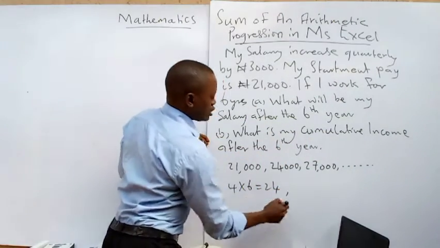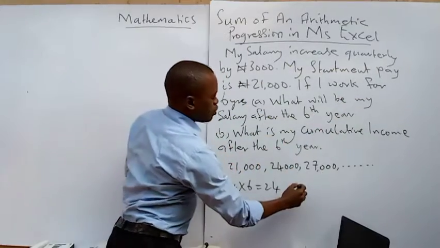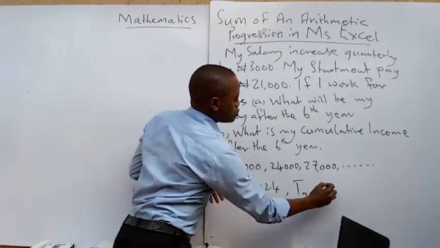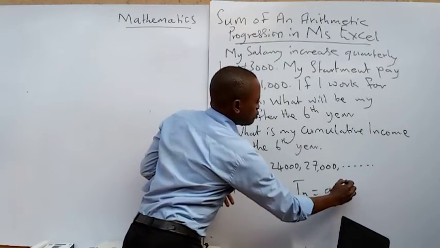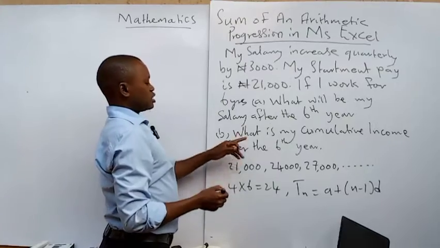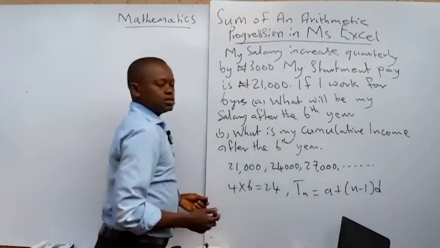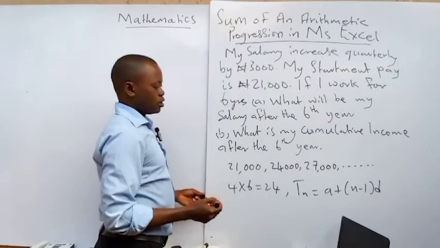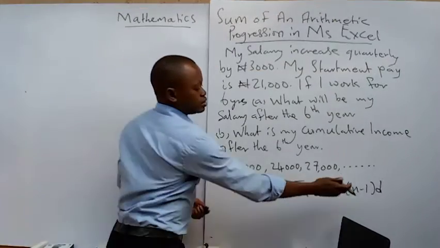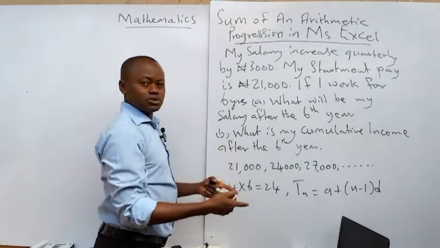You recall that I explained that for the nth term of an arithmetic progression, one can use Tn equals a plus in bracket n minus 1, then the common difference, which is 3,000. The common difference is the increment, and a is the first pay. This n here will be what will be happening at the nth position.